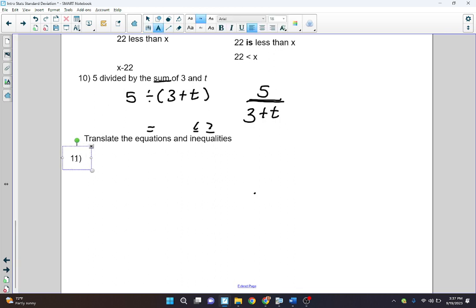So, number 11. Thrice the number g is greater than 10.